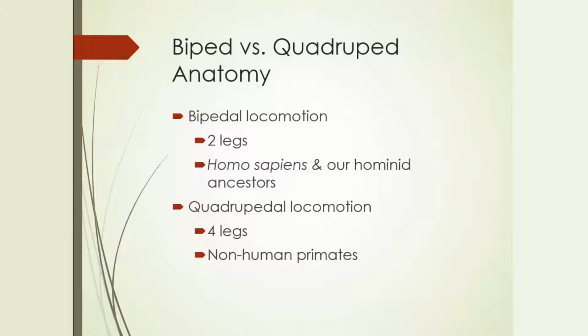You're going to see throughout the semester that our hominid ancestors also walked bipedally. Quadrupedal locomotion is when the species is walking on four legs. So this would be non-human primates, anything like chimps or gorillas, and some of our early primate ancestors that we're going to talk about next week.